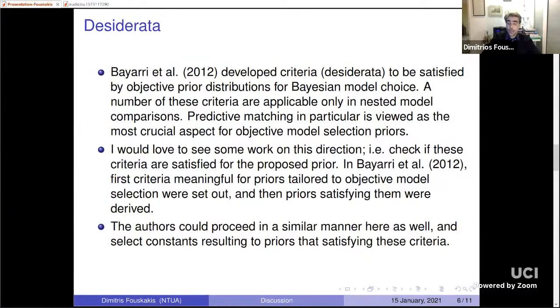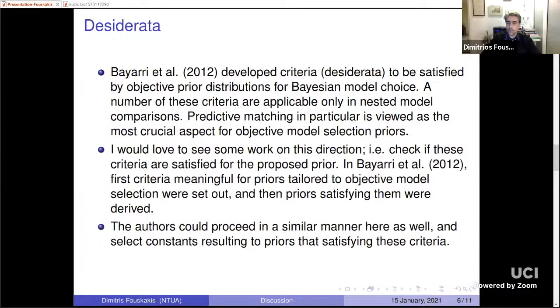For example, even in nested model comparison cases, to see if some or all of these criteria are satisfied for the proposed prior.